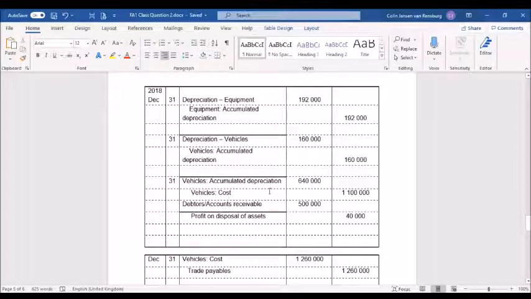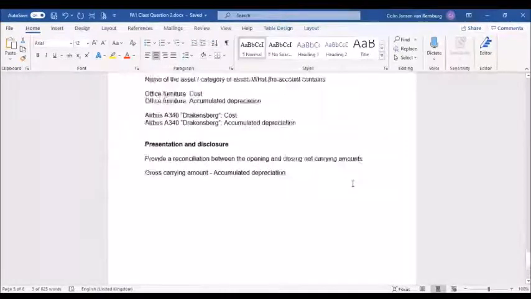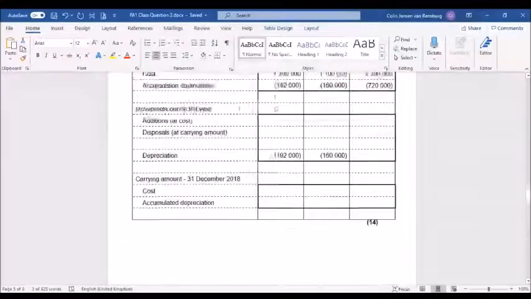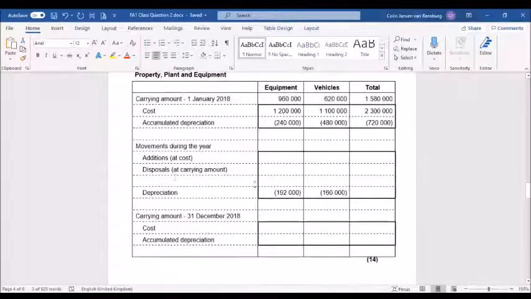Now, ladies and gents, when it comes to a disposal, let's have a look. The cost of the disposal was 1,100,000 rands, and the accumulated depreciation at that stage was 640,000. So here we see we've already provided a line for the carrying amount of the disposals.